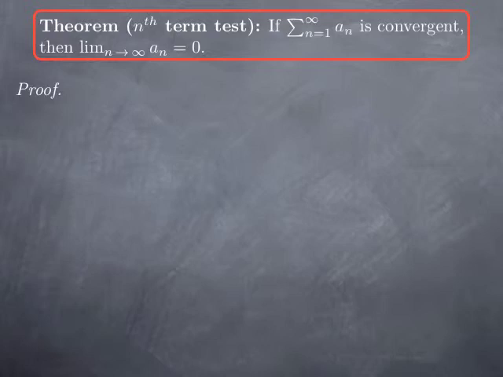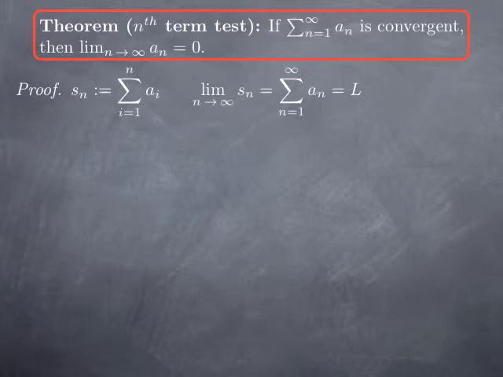If the series is convergent, it's really saying that the sequence of partial sums, adding the first n terms together to define the nth term S_n in my sequence of partial sums, is a convergent sequence, and its limit is what we call the series from 1 to infinity of a_n. So let's call that L. This is some finite number.